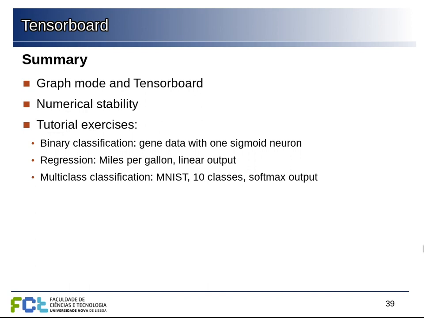And the graph mode raises some additional details and difficulties that we prefer to avoid in the tutorials. There are these problems of numerical stability that you have to take into account. They can occur if your weights are too large, if the learning rate is too large, if you don't use the appropriate version of the loss functions and so on.